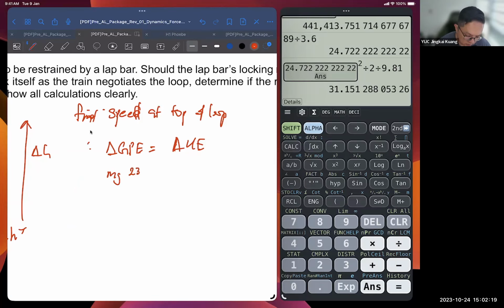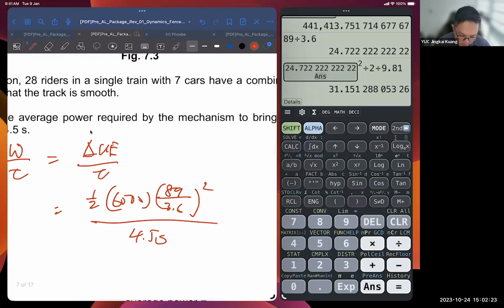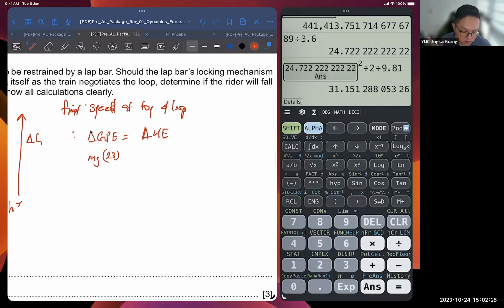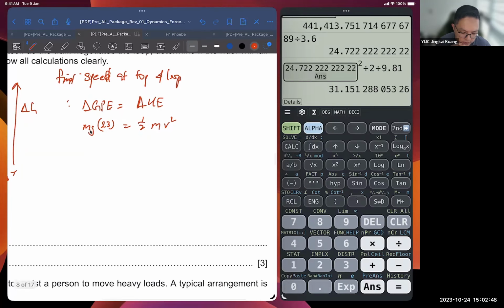The circle is 23 meters in diameter, so later when we do mv squared over r, we have to be careful. We cannot use 23. So this is half mv square. Because later I know that I'm going to use mv square, I will keep the mv square. So I'm just going to shift things around.